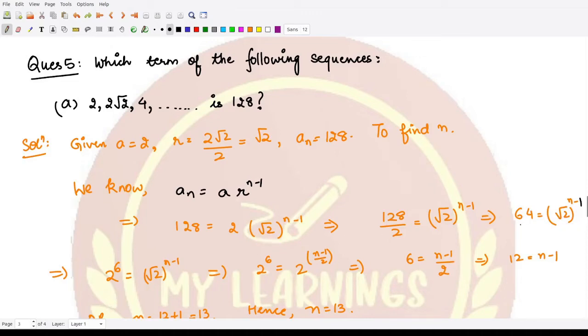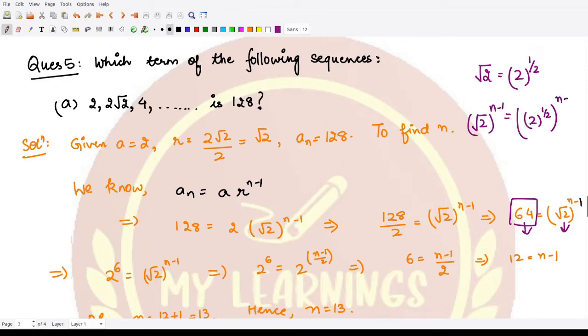So therefore now you see, we wanted to convert this into powers of 2 and this also into powers of 2. It is already in powers of square root 2, so we will convert it into powers of 2. You can write the square root of 2 as 2 raised to power 1 by 2. This is the usual notation, right? So therefore square root 2 raised to power n minus 1 would be 2 raised to power 1 by 2, raised to power n minus 1, right?